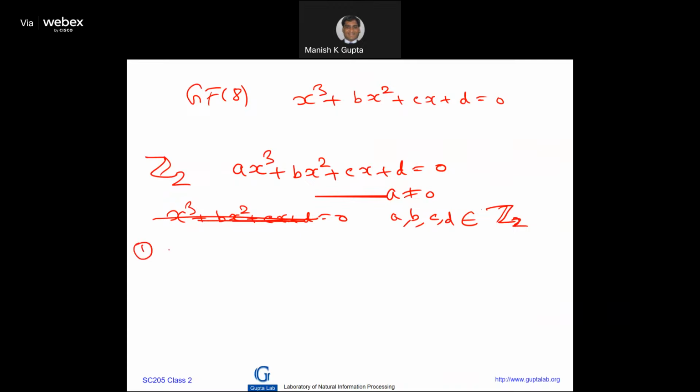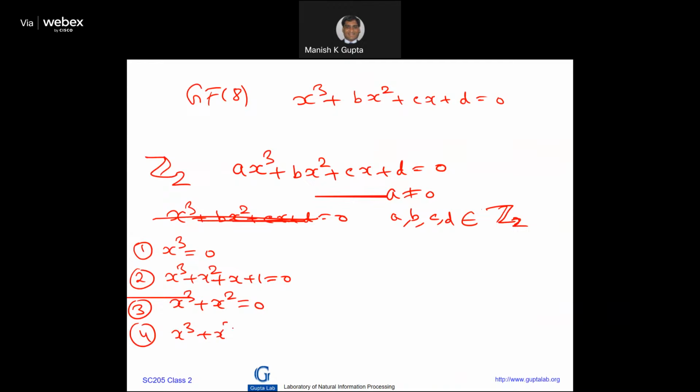First case, x cube is equal to 0. Second case, x cube plus x square plus x plus 1 is equal to 0. Next, can you tell me some more equations? x cube plus x square is equal to 0. Fourth one, x cube plus x square plus x is equal to 0. Then x cube plus 1 is equal to 0.